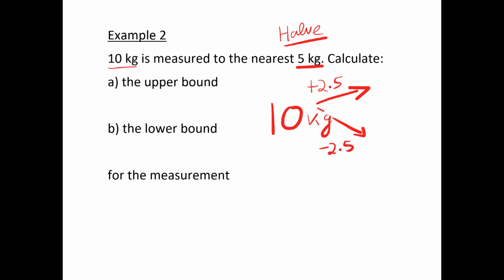So to get the upper bound, we do 10 plus 2.5, which is 12.5 kilograms. And to get the lower bound, we subtract 2.5, which will give us 7.5 kilograms.